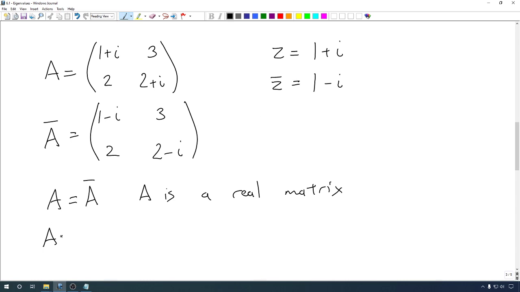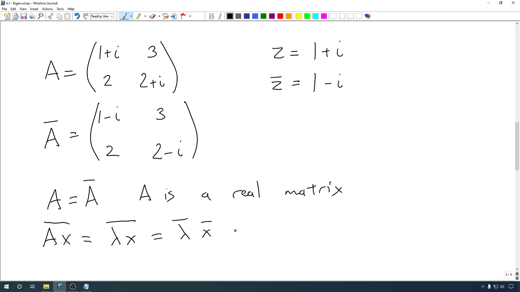And in fact, say x corresponds to some complex eigenvalue, so Ax equals lambda x. If we take the conjugate of that, if A is a real matrix, we can break that apart.